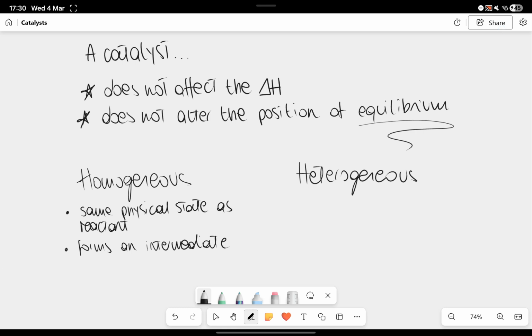A heterogeneous catalyst is in a different physical state from the reactant, usually a solid with gases or liquids reacting on its surface. And the process is slightly different. It involves several essential steps: adsorption, weakening of bonds, reaction, and desorption.